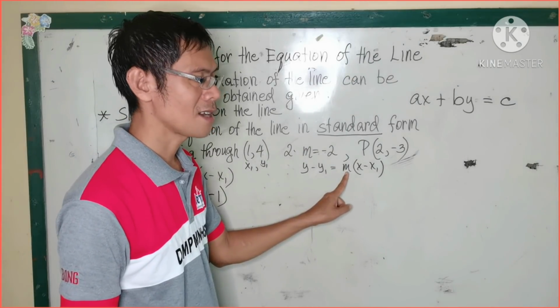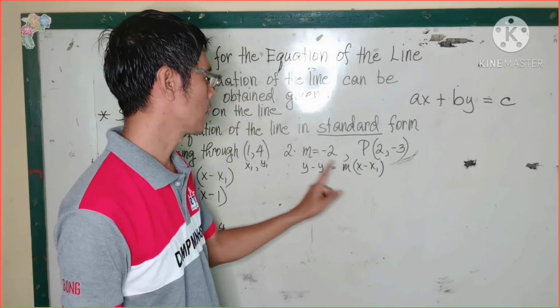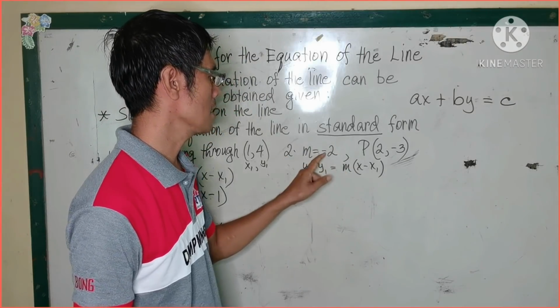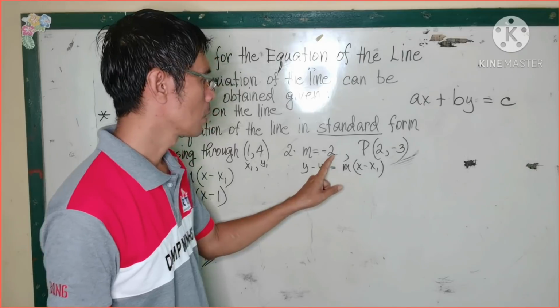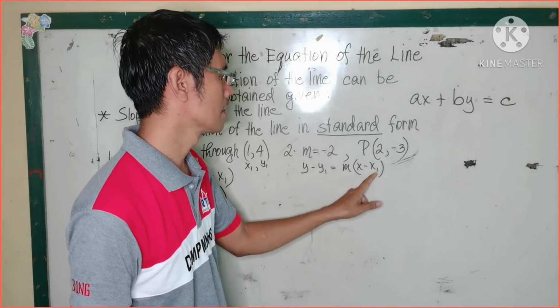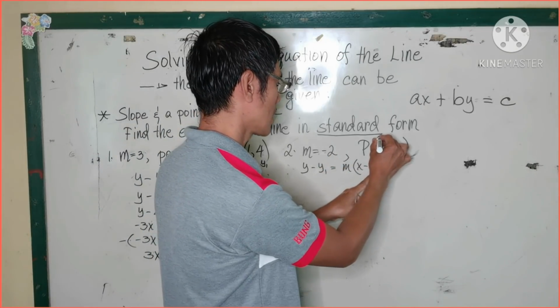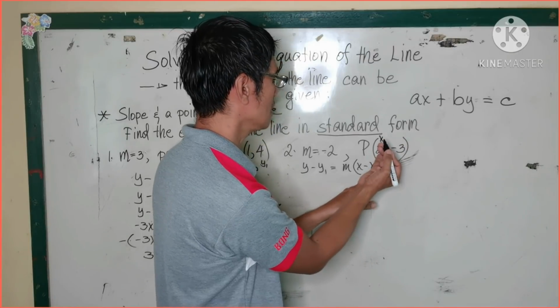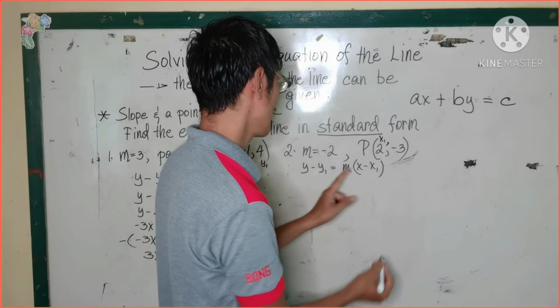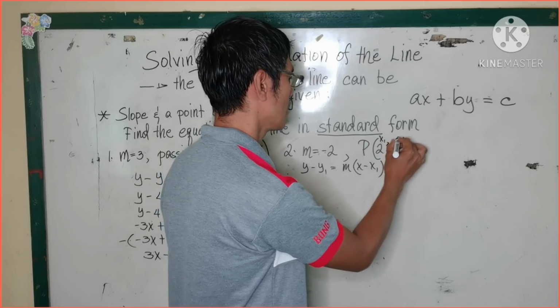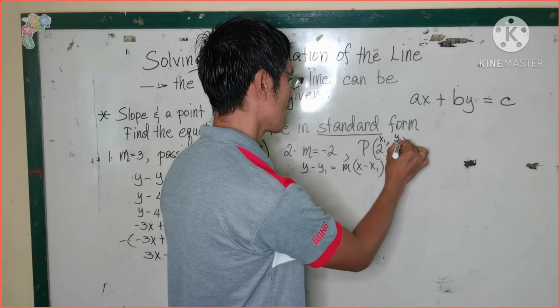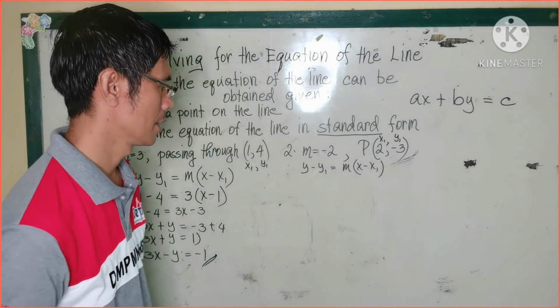Again, what is the value for m? For number 2, m is negative 2. What is the value for x sub 1? X sub 1 is 2. Then this negative 3 will be our y sub 1.